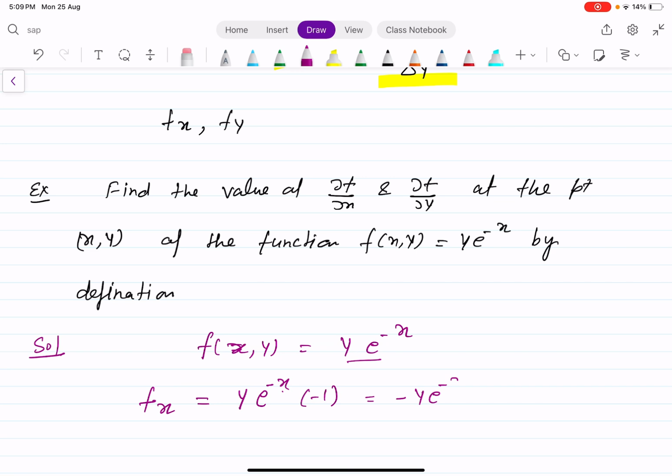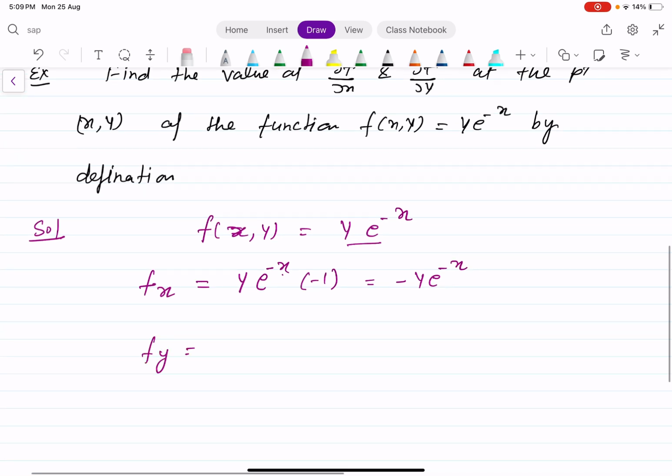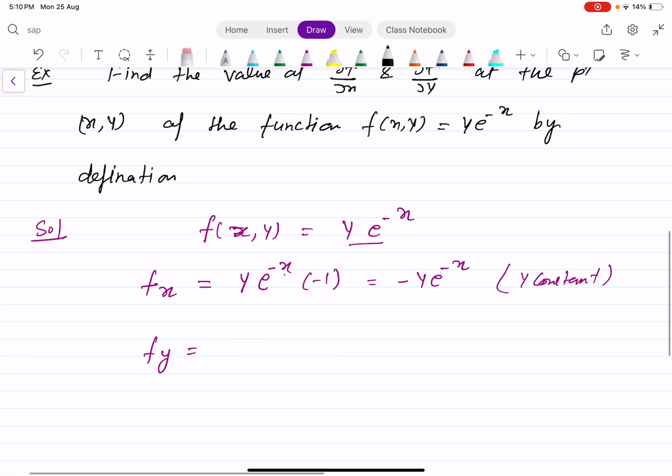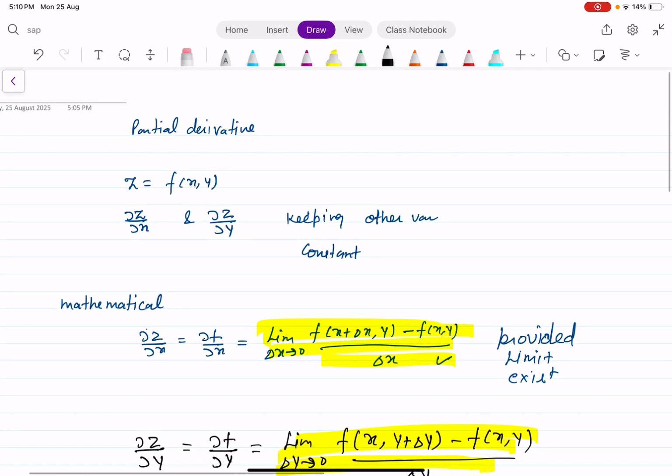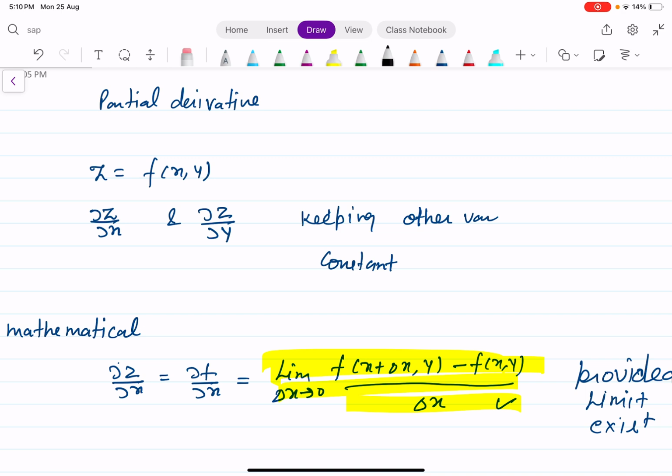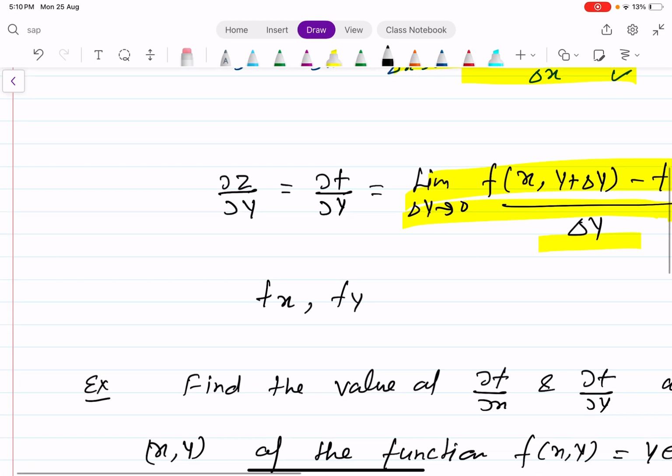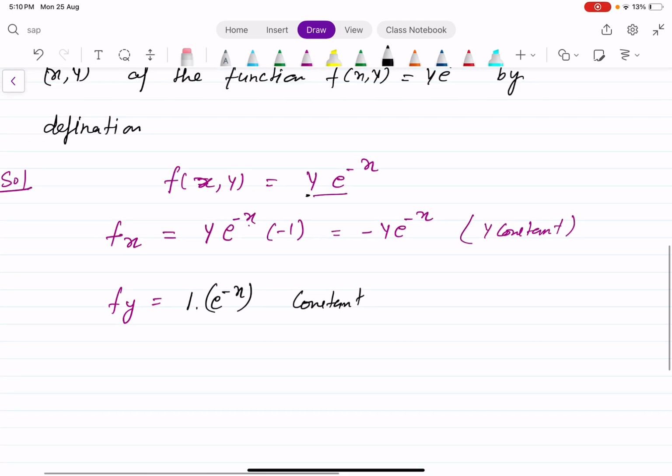That is minus y e raised to power minus x. When computing del f over del y, x is constant, so the differentiation of y is 1 and e raised to power minus x is constant, because as per the definition, the partial derivative is taken with respect to one variable keeping the other variable constant. So these are the values of fx and fy.